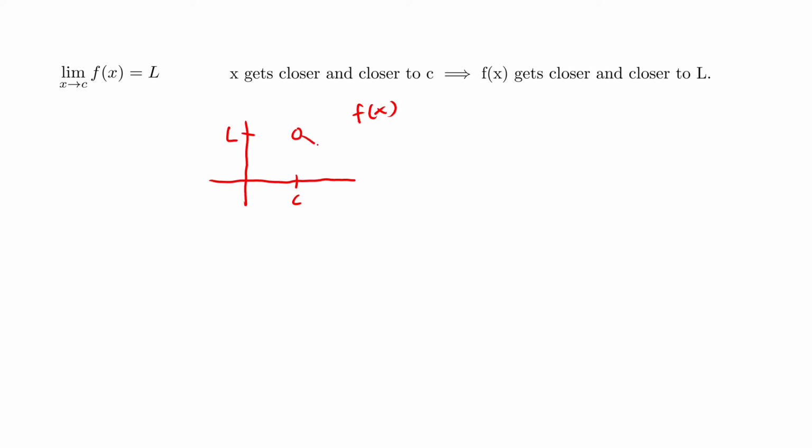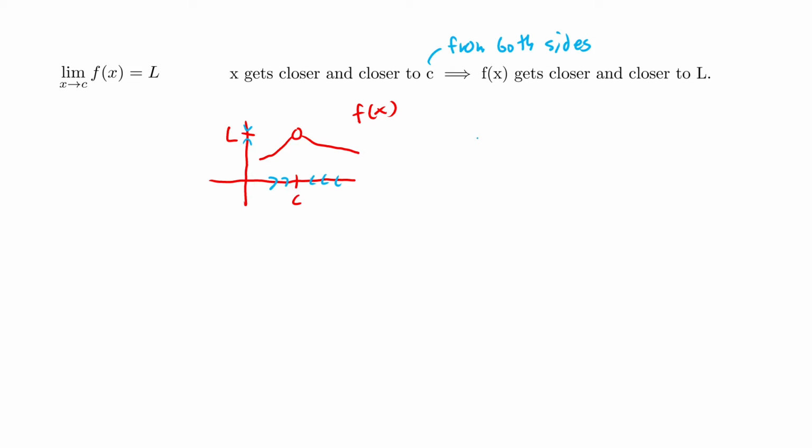If I know what's happening over here and over here, as x is getting closer and closer to c, we notice that the value of the function tends to get closer and closer to L. But the one caveat we didn't talk about last time is that this approach has to be from both sides.